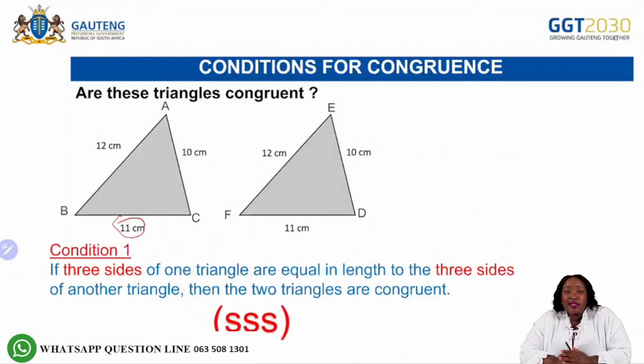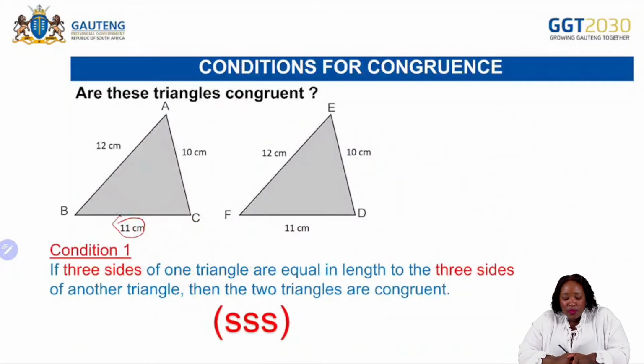And this is still that investigation you worked on, your side, side, side. Make sure you write this down. Okay, you need this. Condition one: if three sides of one triangle are equal in length to the three sides of another triangle, then the two triangles are congruent. You can either write it in words or write down the condition as side, side, side, and leave it at that. You've got it? Okay?